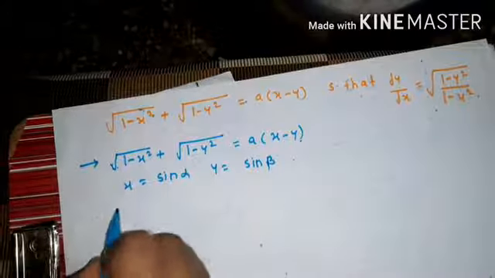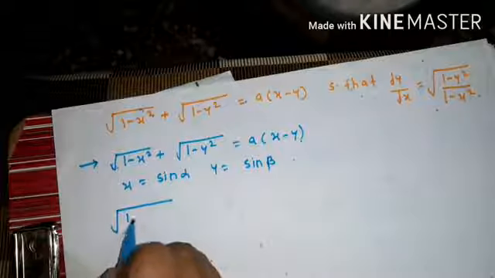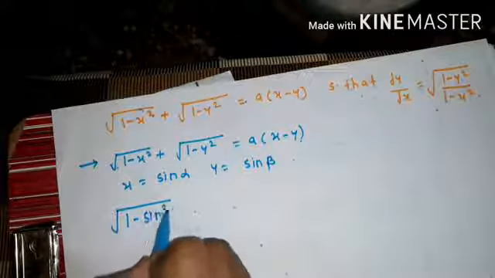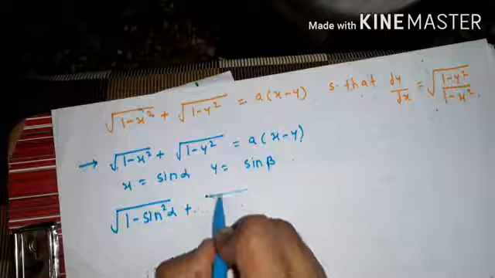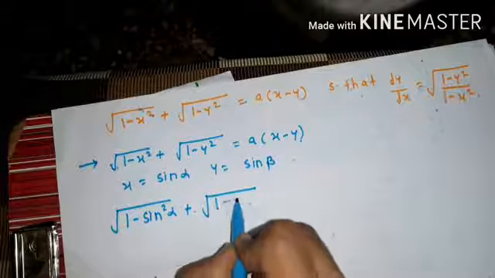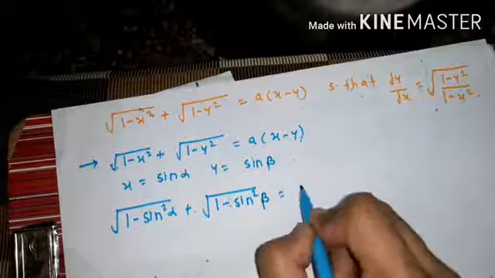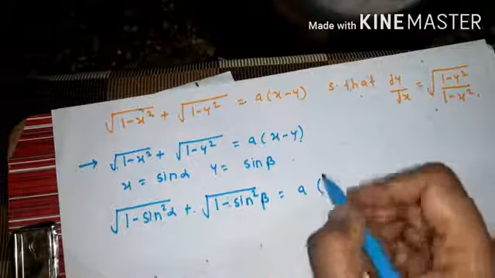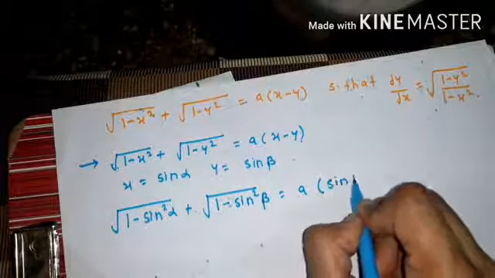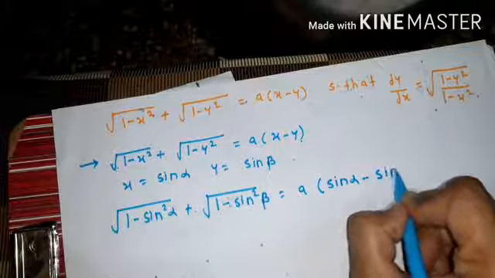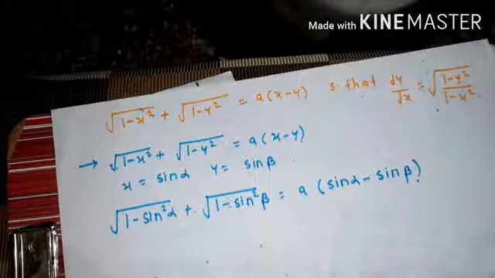Here we get the square root of 1 minus sin square alpha plus the square root of 1 minus sin square beta equal to a into sin alpha minus sin beta.